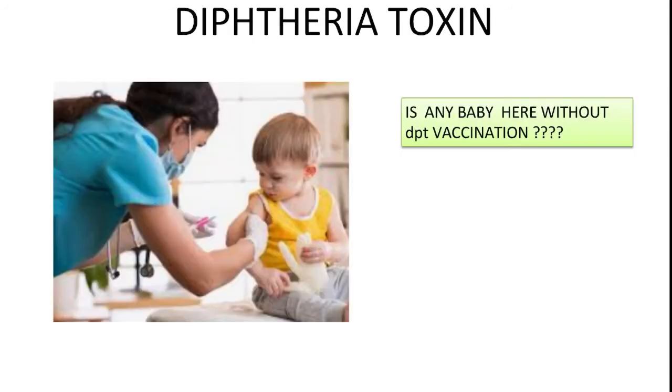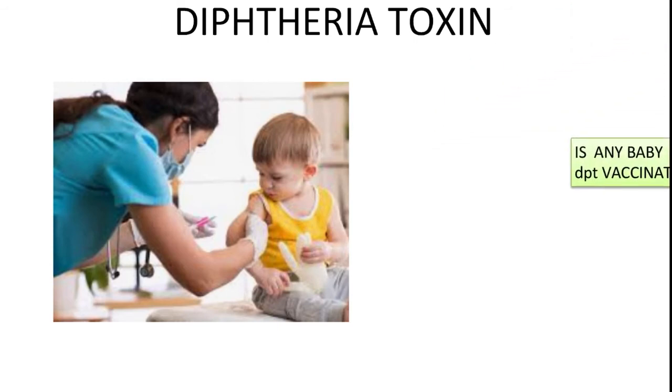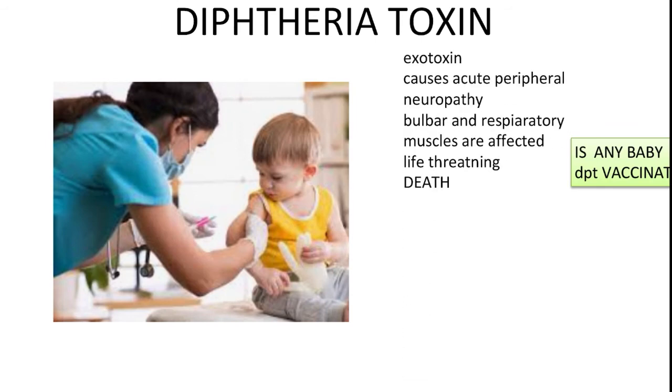Diphtheria toxin. Is there anybody who has not had the diphtheria vaccination? Probably not, because in India we have a universal program, and thanks to that. But diphtheria toxin is a very dangerous toxin. It is an exotoxin that is secreted outside the cell and causes acute neuropathy.